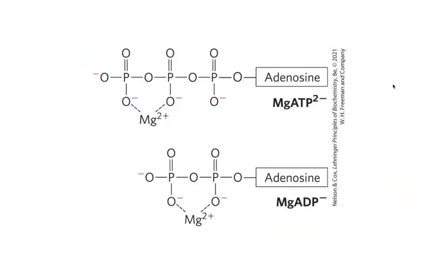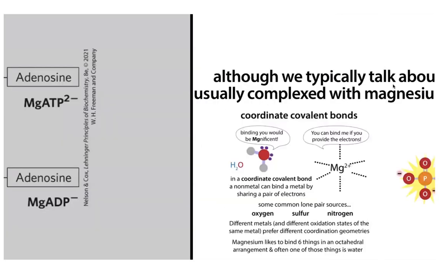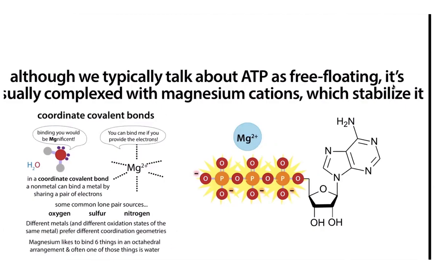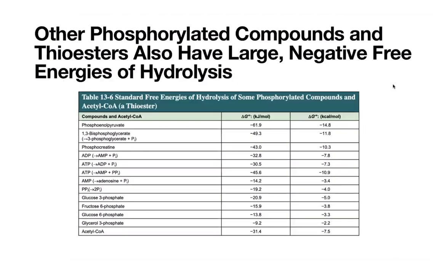And just a little side note, a complicating factor is that instead of floating free in our cells, ATP is always hanging out with magnesium to keep those phosphate groups from repelling one another. This can really complicate calculations, so typically we just ignore it.